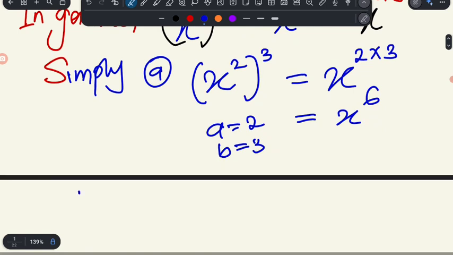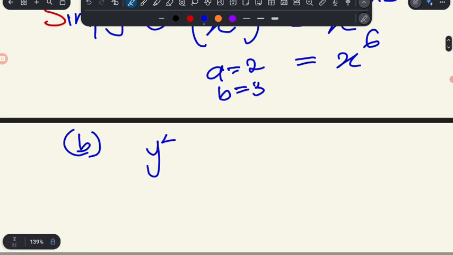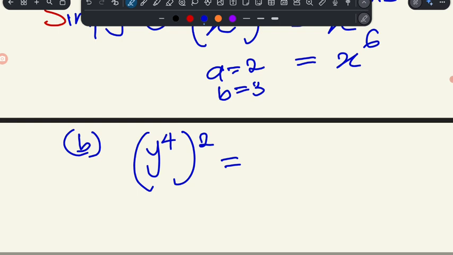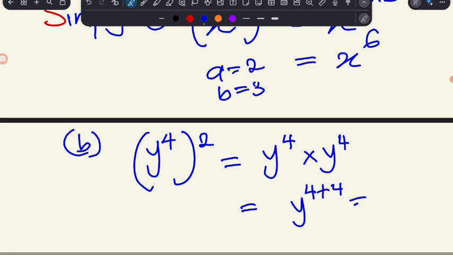Let's have another one. For example, y raised to power 4, raised to power 2. Before we apply the formula, let's do something that will make it meaningful. We have y raised to power 4 times y raised to power 4. If you choose only one y, from our former law, we add the powers together to have y raised to power 8.